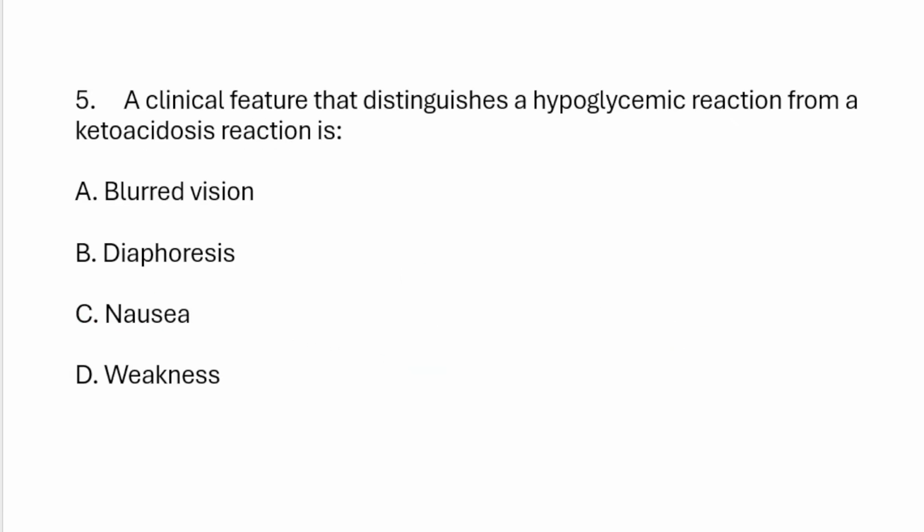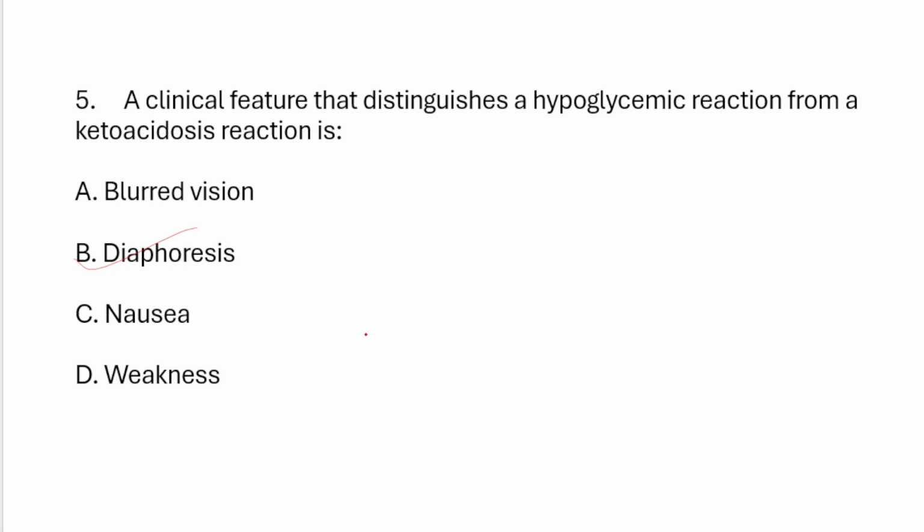Next question. A clinical feature that distinguishes a hypoglycemic reaction from a ketoacidosis reaction is A. Blurred vision, B. Diaphoresis, C. Nausea, D. Weakness. The answer is B, diaphoresis. What is the meaning of diaphoresis? A hypoglycemic reaction activates a fight-or-flight response in the body, which triggers the release of epinephrine and norepinephrine, resulting in diaphoresis.